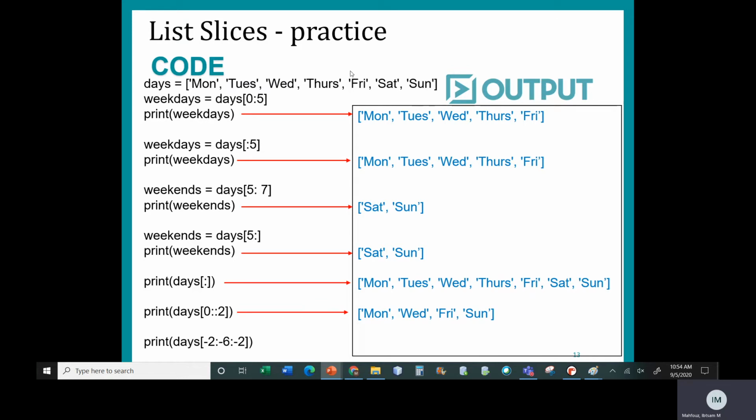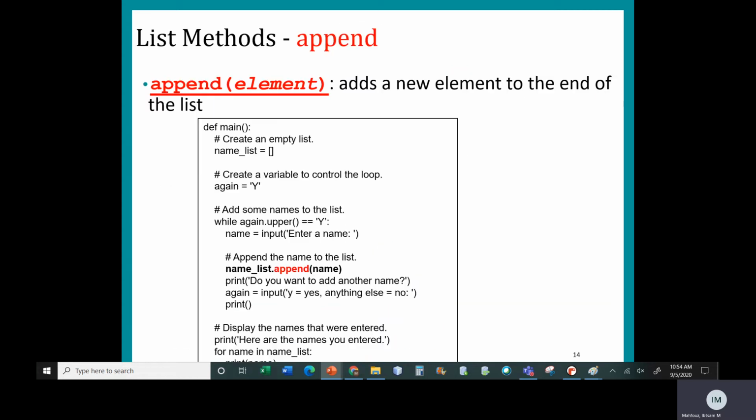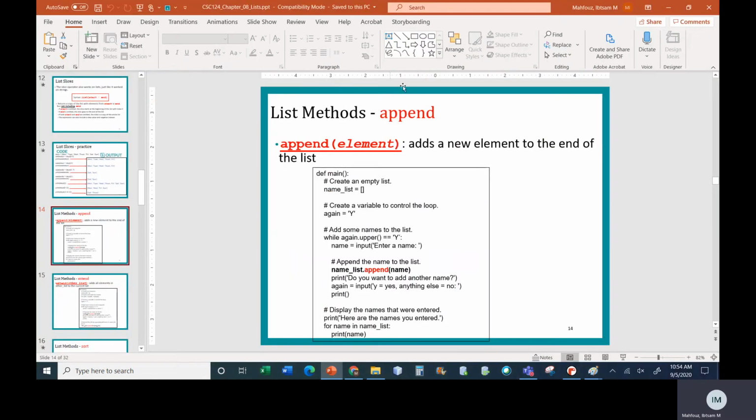So it's going to go from Saturday to Wednesday, not including Tuesday because we don't include the end. And it's going in -2. So after it does Saturday, it's going to go and do Thursday. And so we can do slicing just like we were able to do with strings. Now, there are other methods that we can do with lists that we weren't able to do with strings.